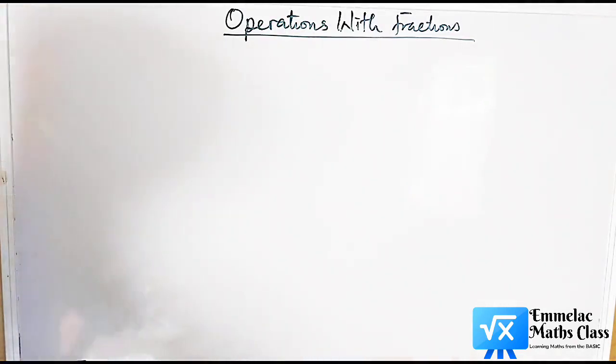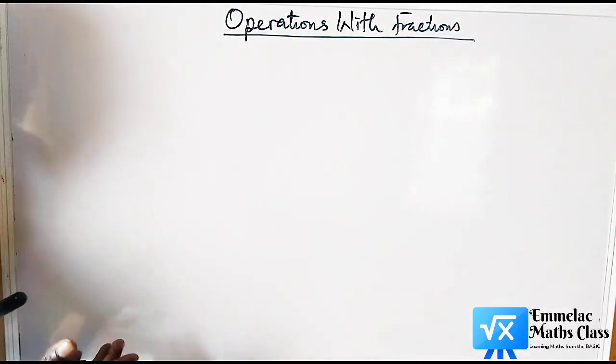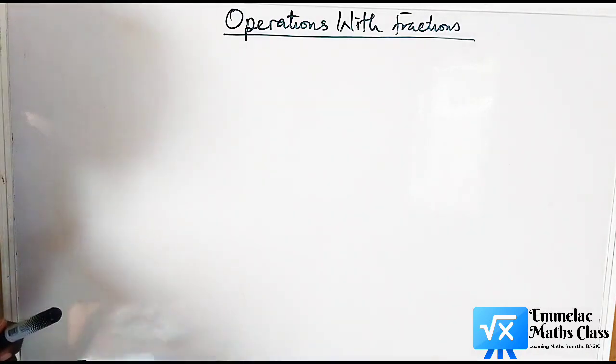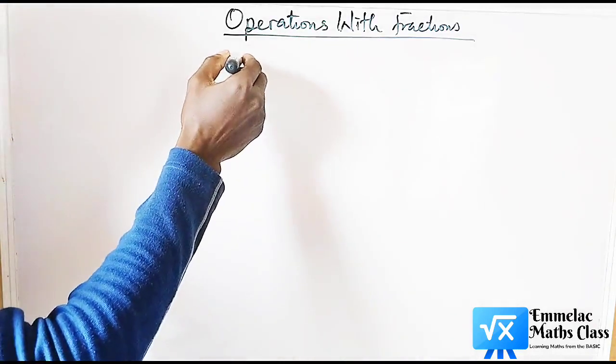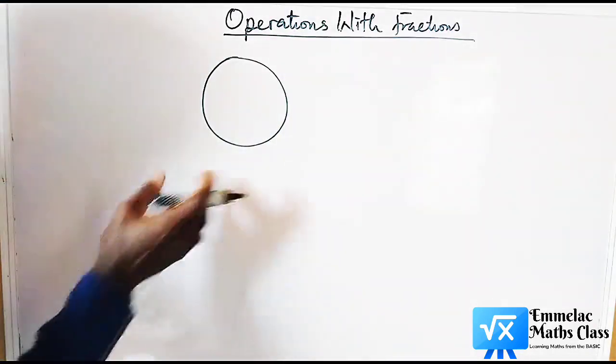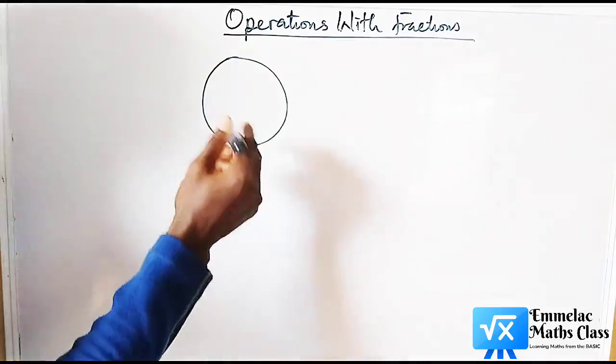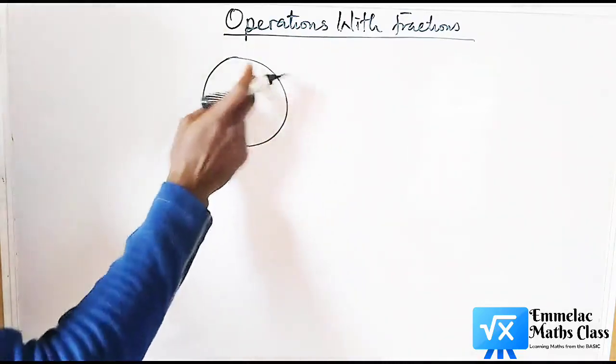Operations with fractions. First of all, let me introduce you to what a fraction is. A fraction in general terms is a part of a whole. Let me say, for instance, this is a circle, which is a whole.